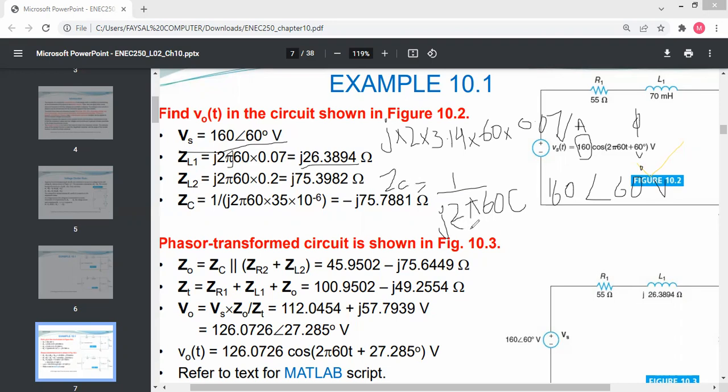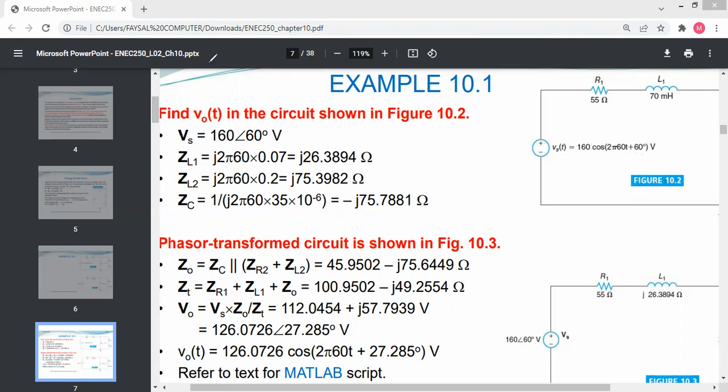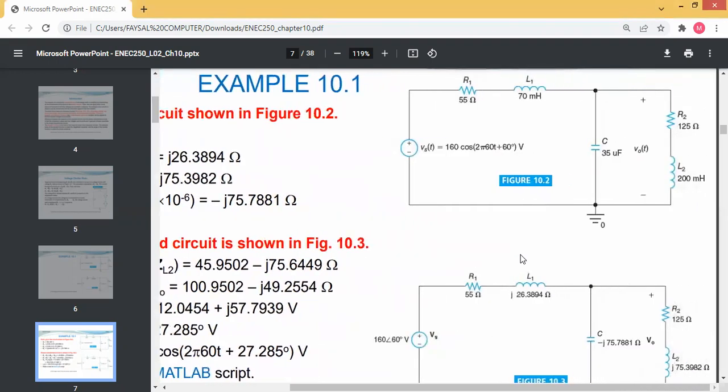As this 2 pi 60 is my omega value, it will also be written as 1 over j omega C. So what is the value of C for the circuit? My C value will be this one, 35 microfarad. So this is the value of capacitance.